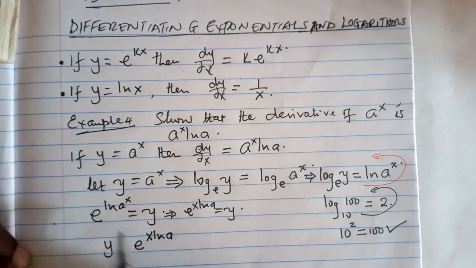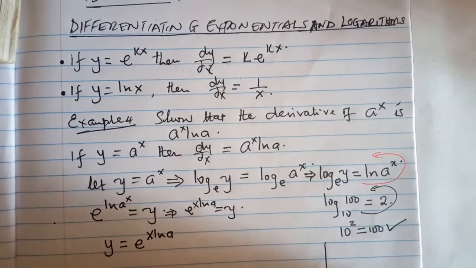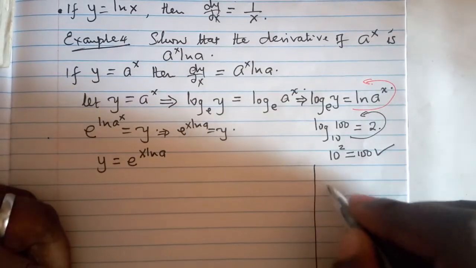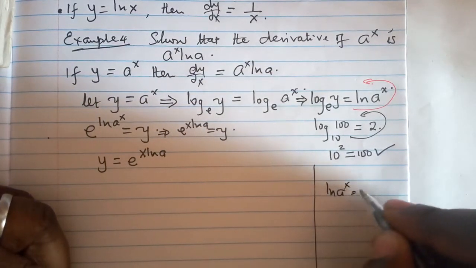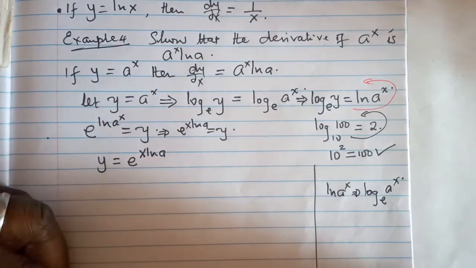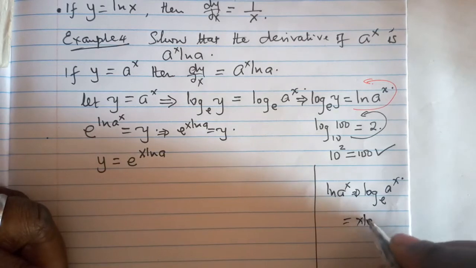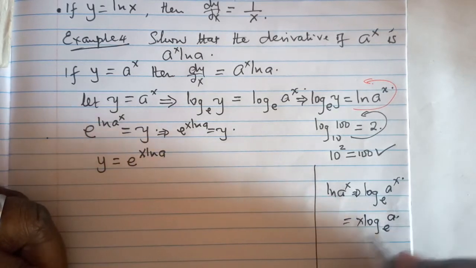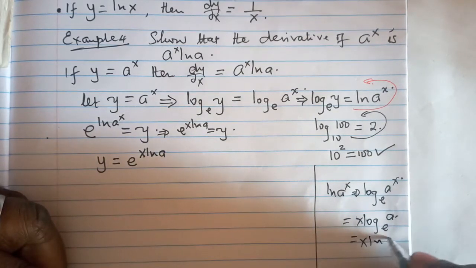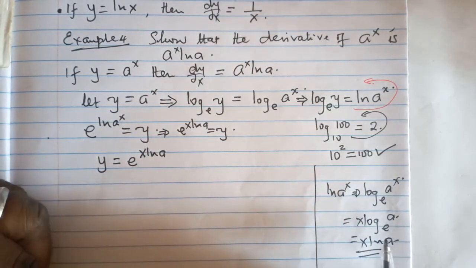I just want to explain that here: ln a raised to power x is the same as log to base e of a raised to power x. And this is the same as x log to base e of a, which is x ln a. This is very clear in the laws of logarithms.